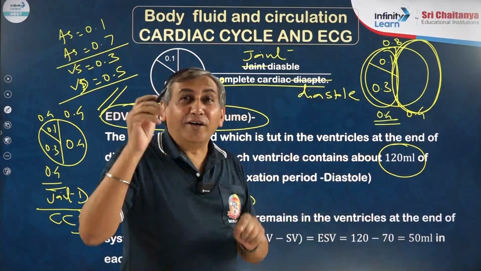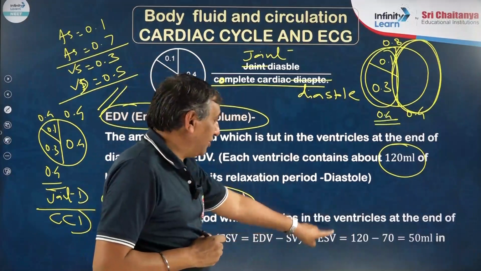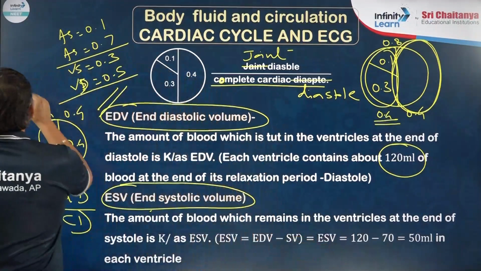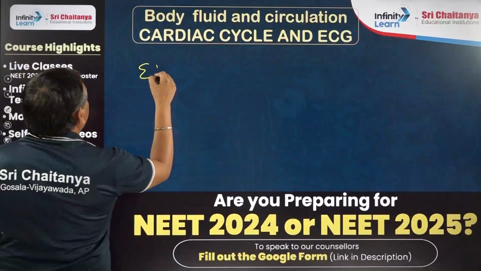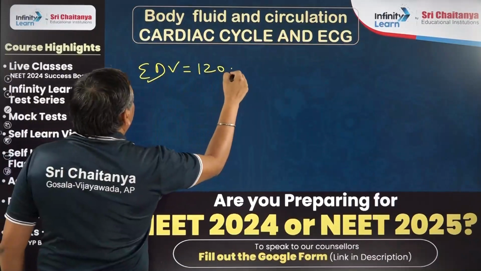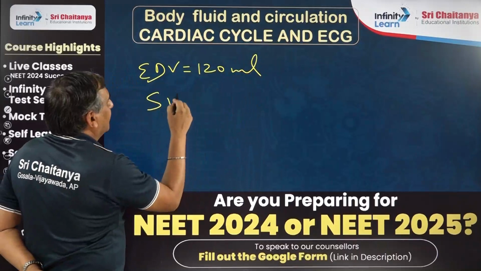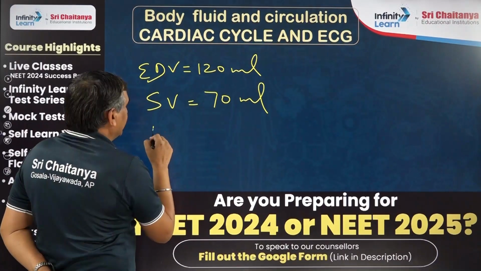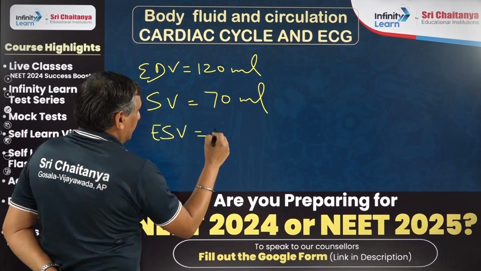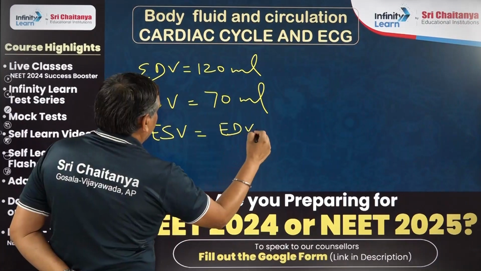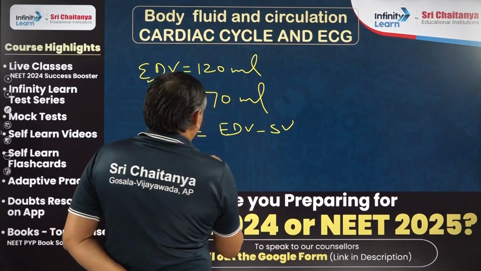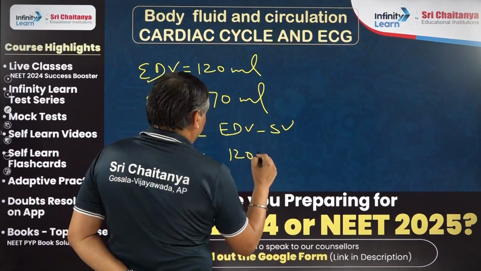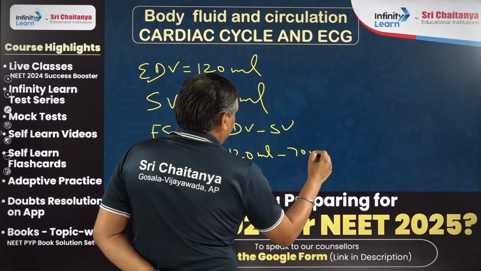So what is the EDV? 120 ml. You have to remember like this. How much is coming out from the heart during one beat? 70 ml. So how much is remaining? The end systolic volume, that is EDV minus SV, is 120 ml minus 70 ml.